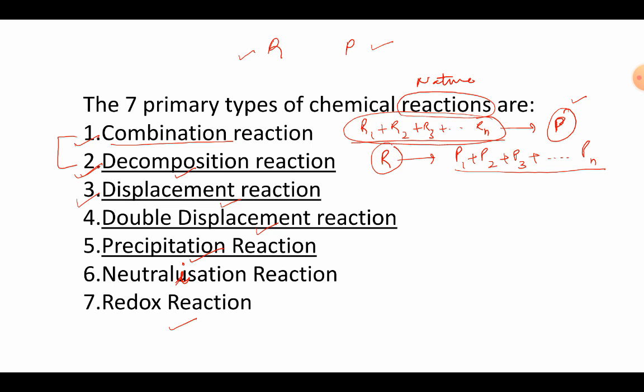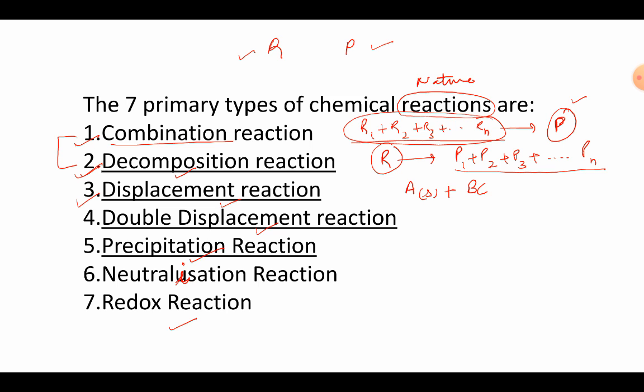Then we move on to displacement reaction. Now what do we mean by the word displacement reaction? Displace means to shift. Okay, and who is able to shift? The one who is stronger, right? So what happens in a displacement reaction is that we take up a metal or an element, that element will be in the solid state, and we put it into an aqueous solution.